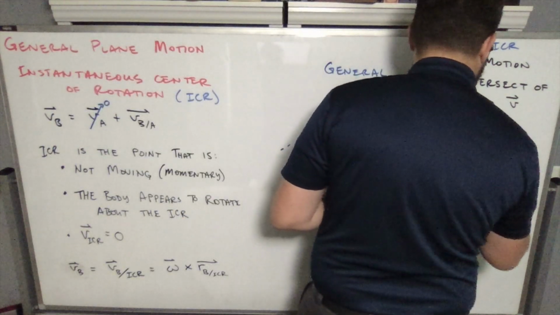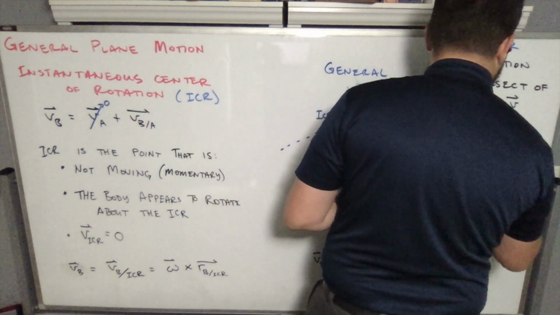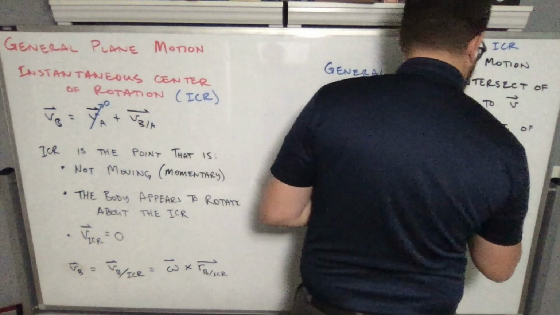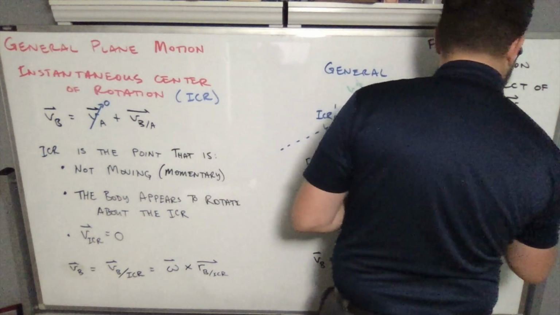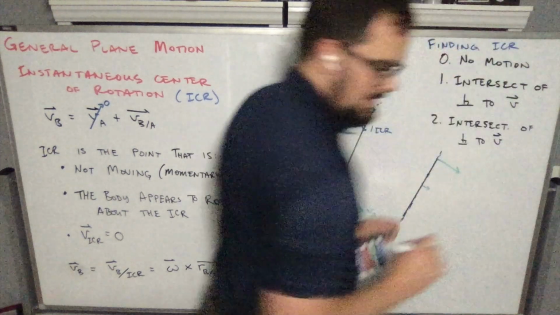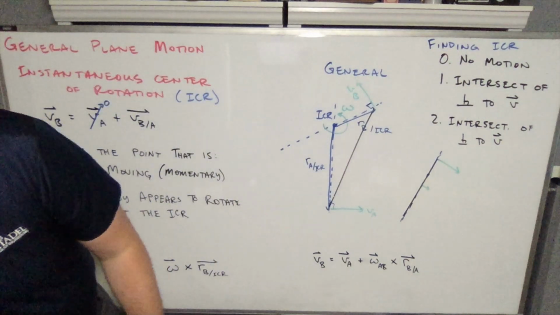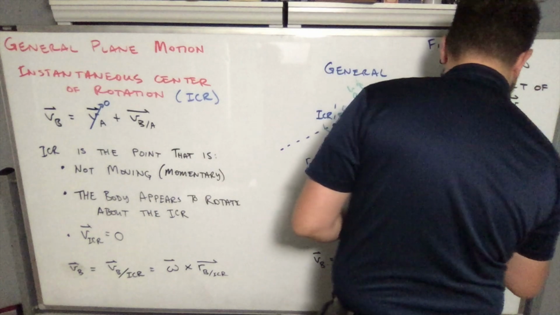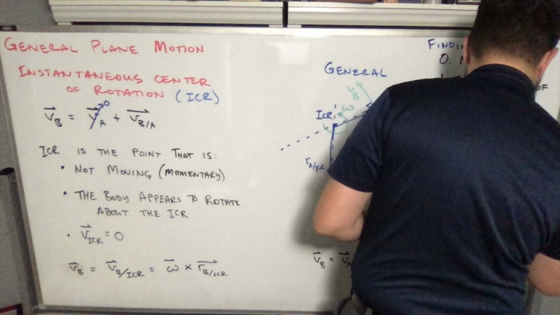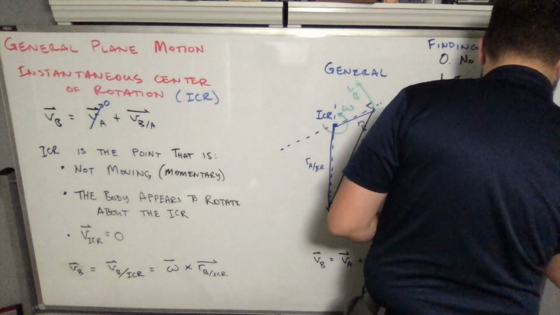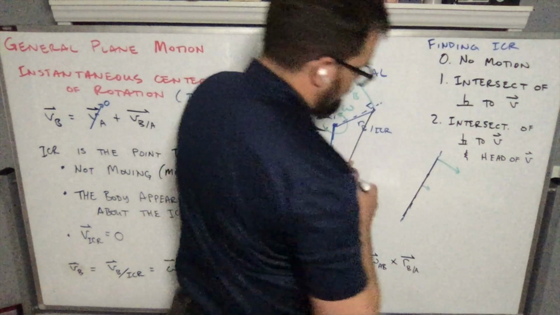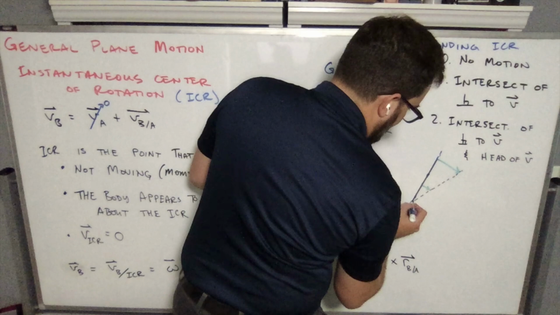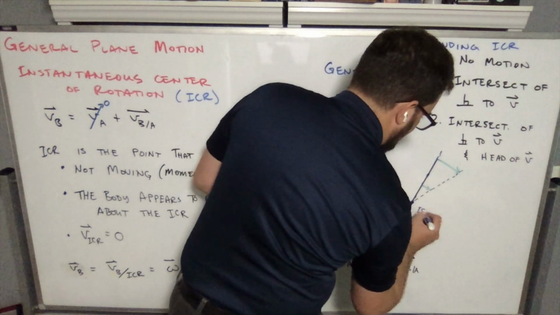And so that brings us to our third rule. We can do the intersection of the perpendiculars to velocity and the head of the velocities. So what we would do here is connect the dots between the heads of the velocities, and there's our ICR.